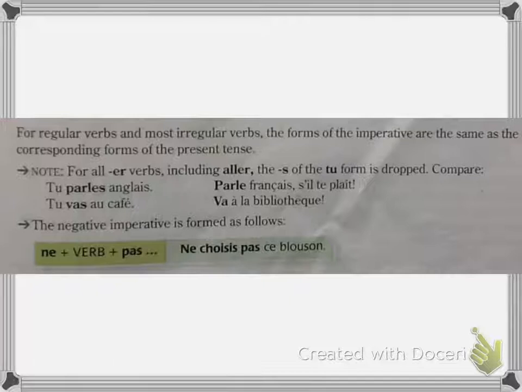So you speak English; speak French please. You go to the cafe; go to the library. Again, the point here is that those S's are gone. There's no S on ER verbs in the imperative.